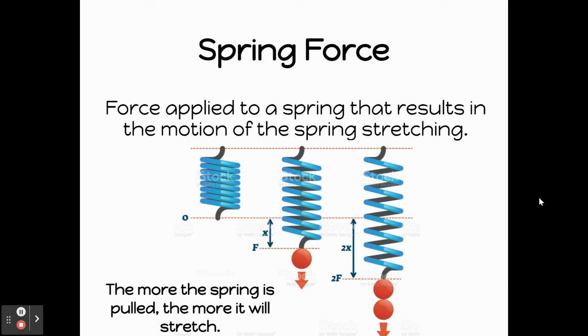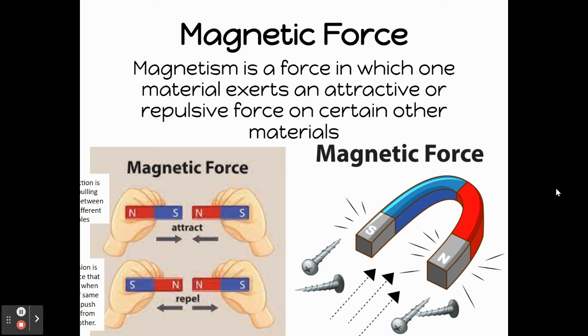Another kind of force is spring force. Spring force is a force applied to a spring that results in the motion of the spring stretching. The more the spring is pulled, the more it will stretch. This stretching motion is what spring force is. Another kind of force is magnetic force.